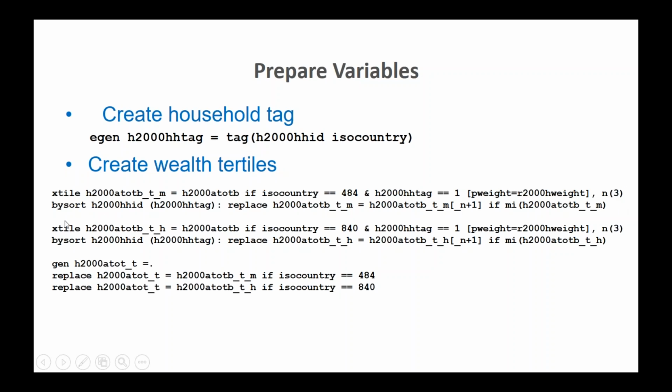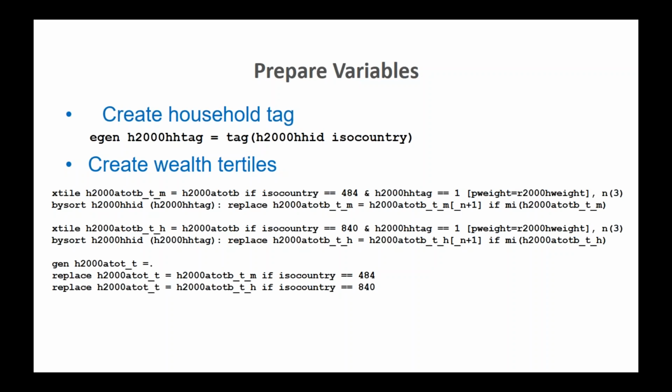And the next thing we're going to do is copy the value that we have given for whether they're in the first, second, or third household wealth group to the other person if they have a spouse. So we do that using bysort, our household ID. And we're going to replace the value if it's blank with the one that is below it.